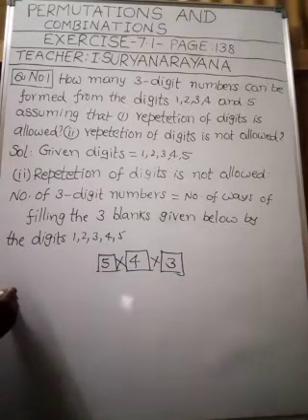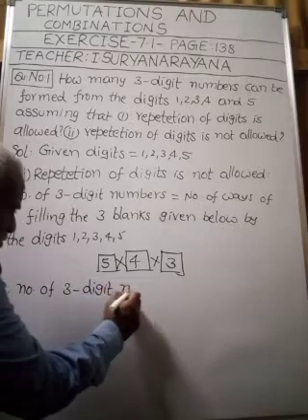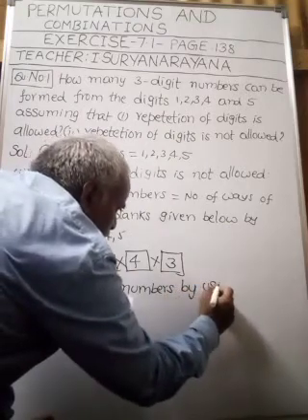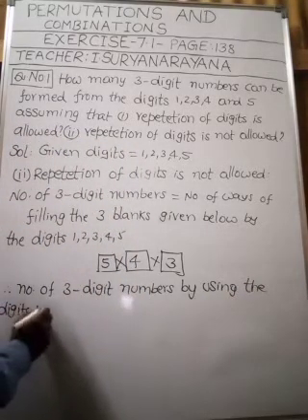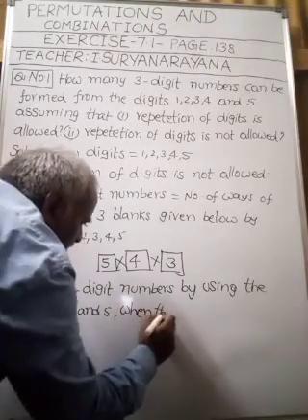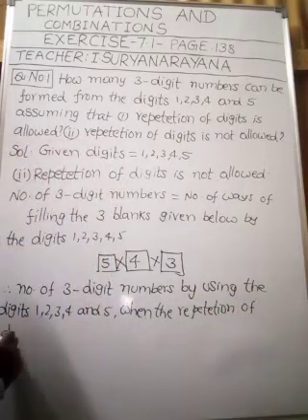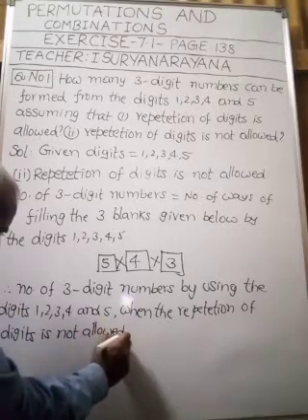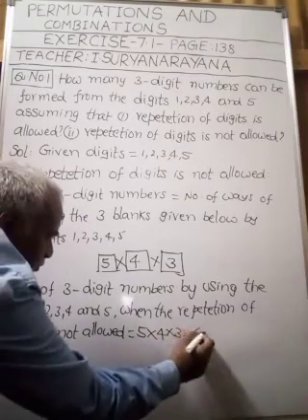So therefore, the number of 3 digit numbers by using the digits 1, 2, 3, 4 and 5, when the repetition of digits is not allowed, is equal to 5 into 4 into 3. 5 fours are 20, 20 threes are 60.